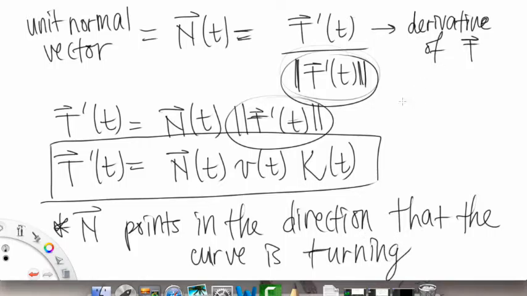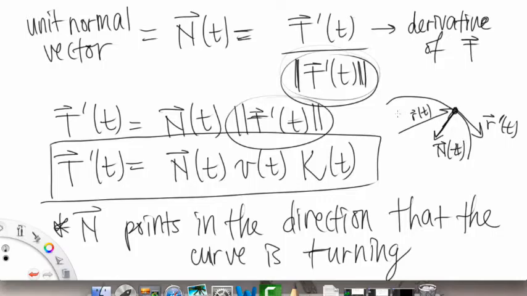If you have a curve here, and we're analyzing this point, here's our r of t, here's our tangent vector, and this will be the normal. So it points inward to the curve. I always think of it as a centripetal force kind of thing. So that's a little more about the unit normal vector.